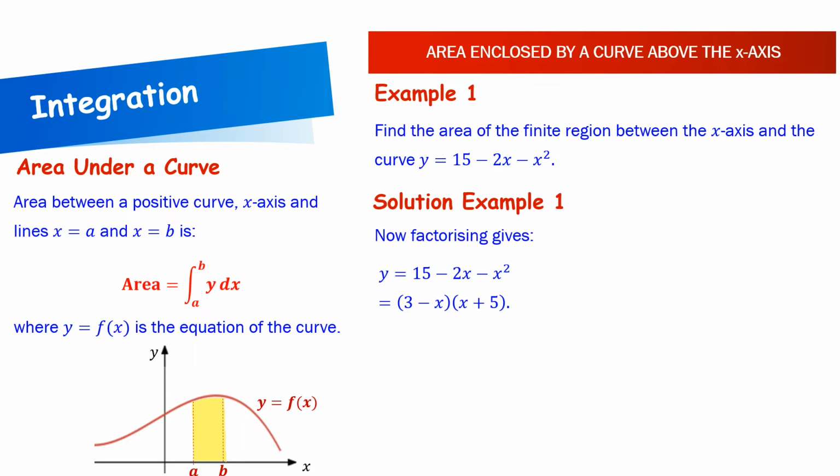If we factorize this function, we obtain 3 minus x times x plus 5. The intercept with the y-axis is 15, and the curve crosses the x-axis at x equals 3 and x equals minus 5.